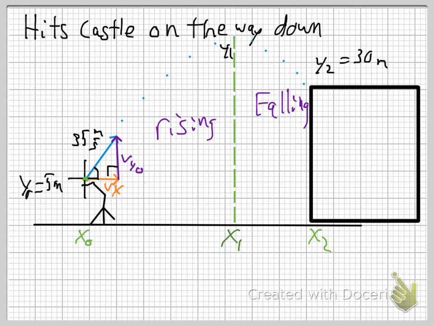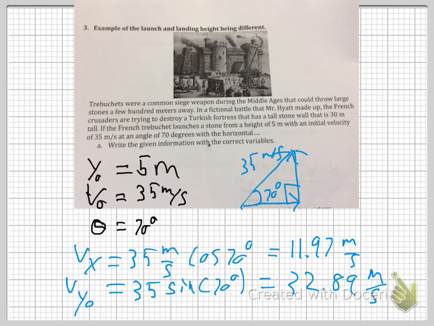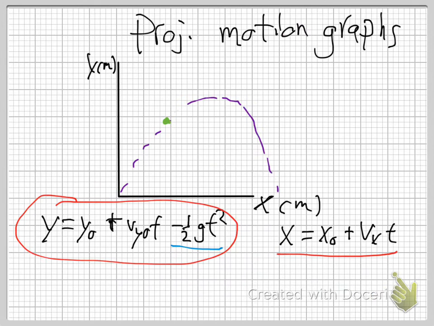Okay, if this doesn't make sense, then let's go back to this graph. Because this is basically what this problem is doing. This problem is basically having us launch at some height, and it's going to stop somewhere in its arc about here.